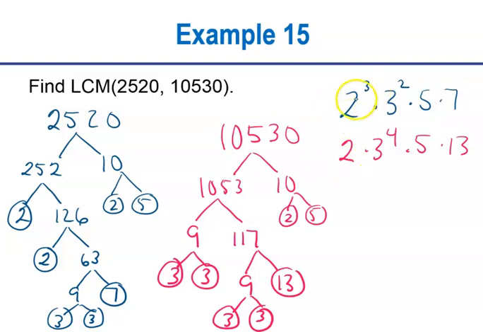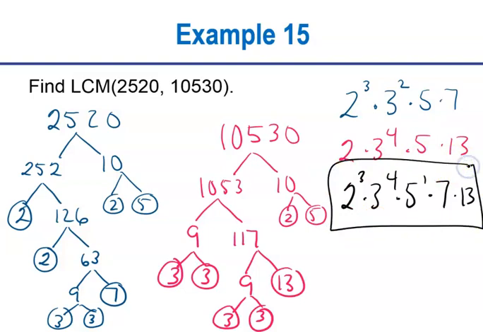So 2 shows up in both of these, but 2 to the 3rd is the highest power. 3 shows up in both, but 3 to the 4th is the highest power. 5 shows up in both, and it's 5 to the 1st in both. 7 to the 1st here, 7 to the 0 down here. In other words, it doesn't exist. It must be included. It doesn't have to be what's common. And then 13 shows up in the 10,530 factorization, but not in the 2,520. If we multiply all of this together, that is going to be our least common multiple.